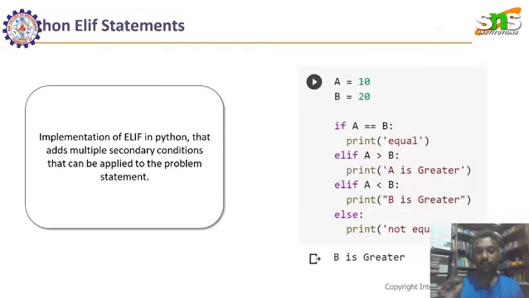If you have only two options, you go for if else. If you want to test more than two options, you go for an elif statement. Here, see this program: if a is greater than b, then print a is greater. If a is less than b, then b is greater. Else not equal. In this example, the value of a is 10 and the value of b is 20. So if you run this program, we get the output b is greater.